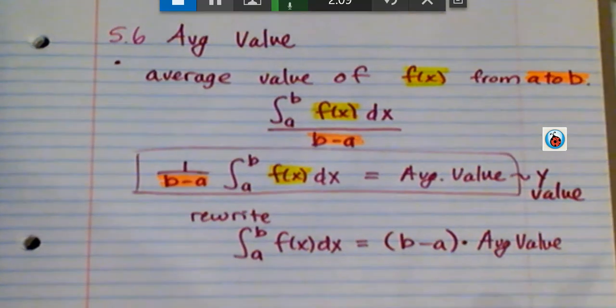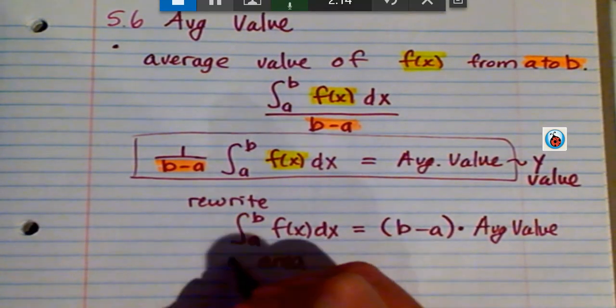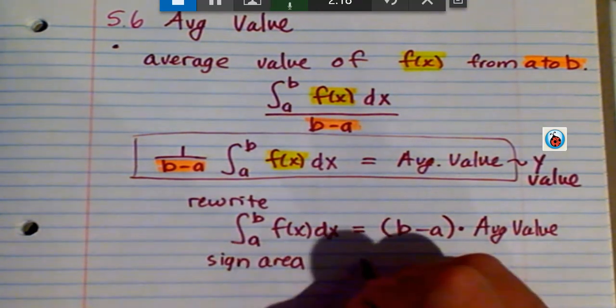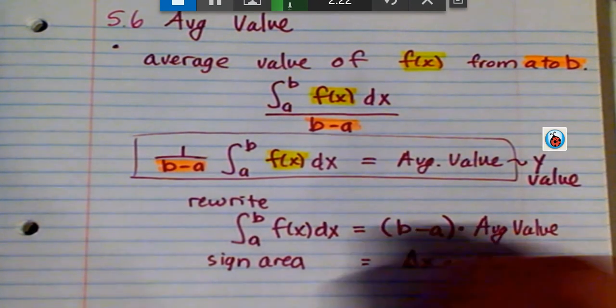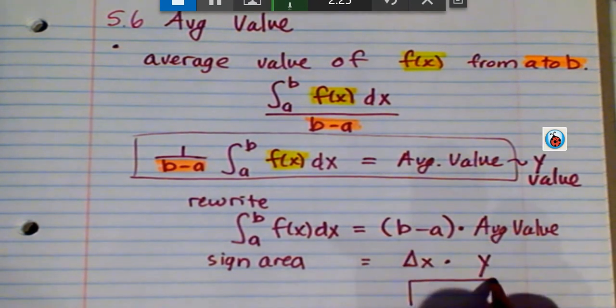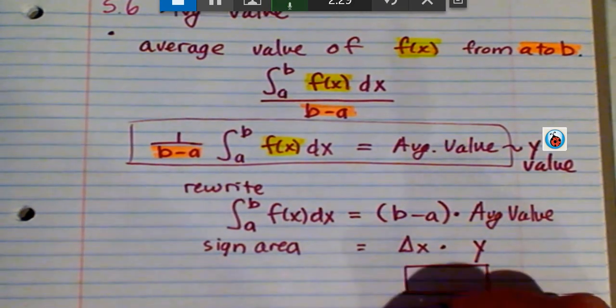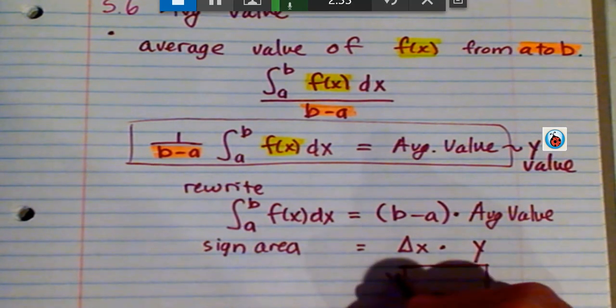And so what we have here is, I'm going to say sign area, pluses and minuses, equals the change in x times y, which is a rectangle. It's a rectangle that has the change in x and the y value.